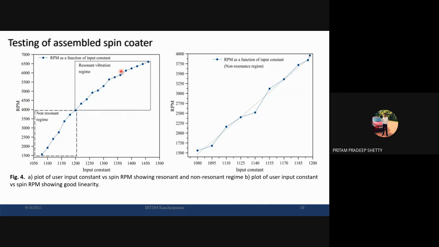I hope you know resonance. Every device has some natural frequency of vibration. When you vibrate that instrument at that frequency, the vibration gets amplified, a phenomenon called resonance. So there will be a huge vibration observed above 4000 RPM, that is, the speed of rotation of the motor. So we had to reduce it.